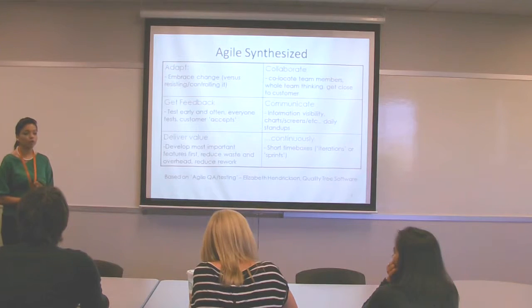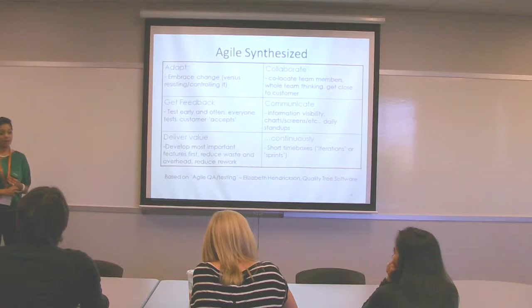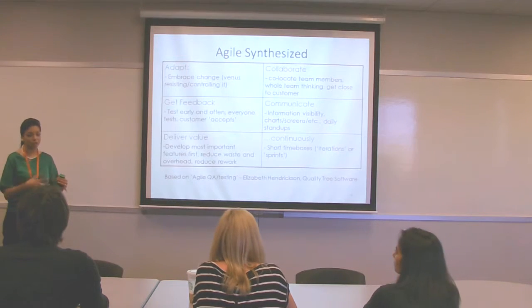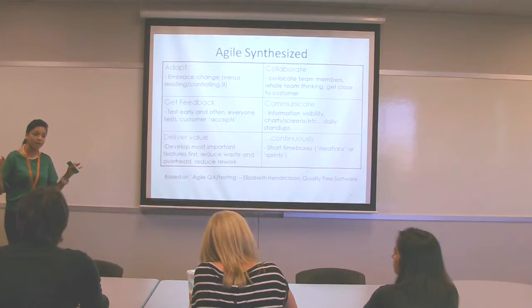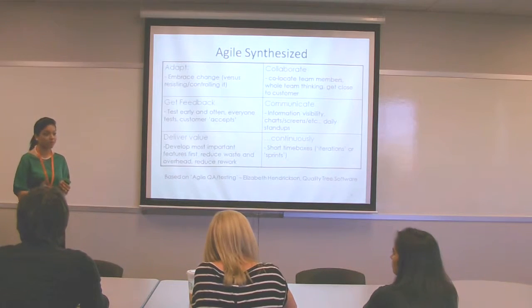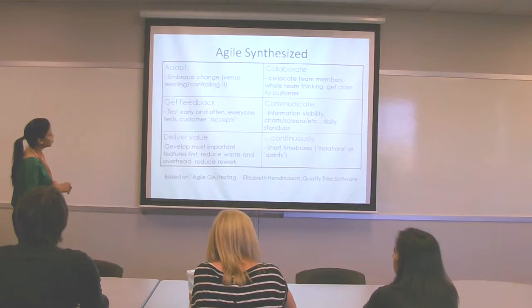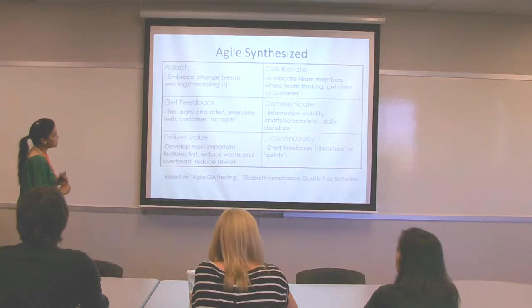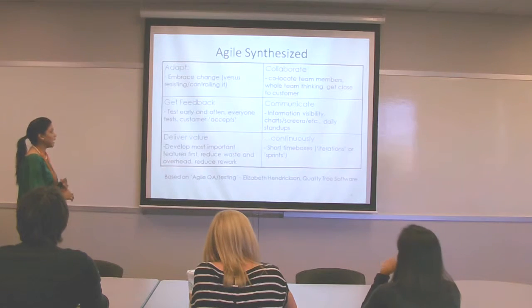So we don't have to get something else signed saying, oh, this is a new change, and it has gone through the change management process and everybody in upper management has given their okay for this change to be developed and tested. So change is going to happen, and in Agile we embrace change.